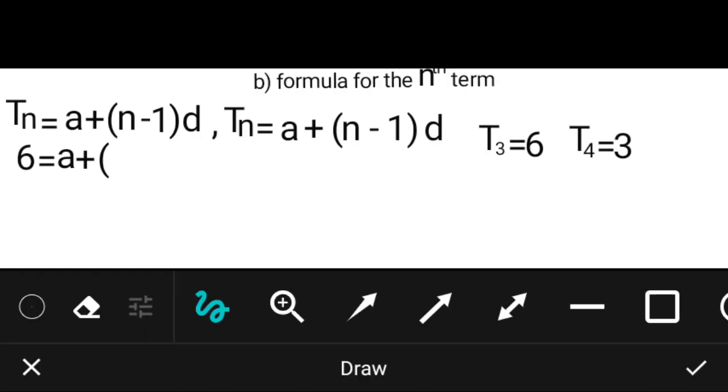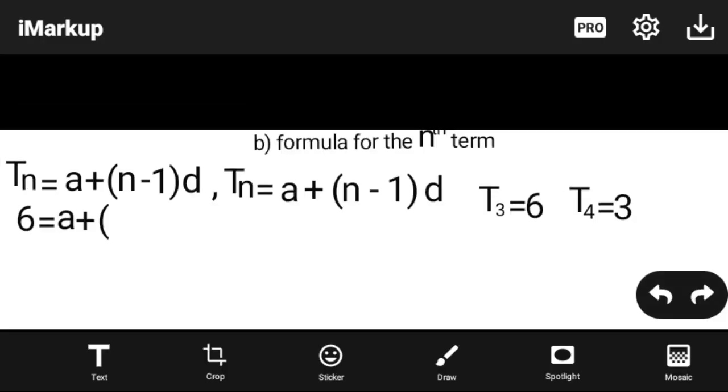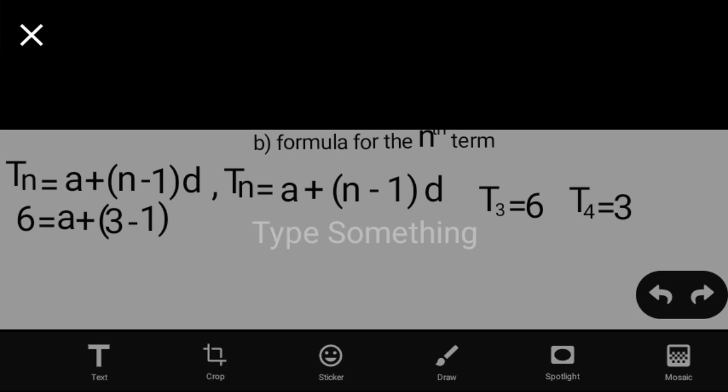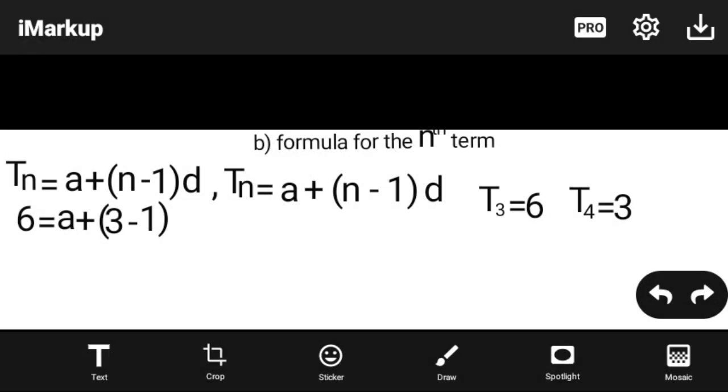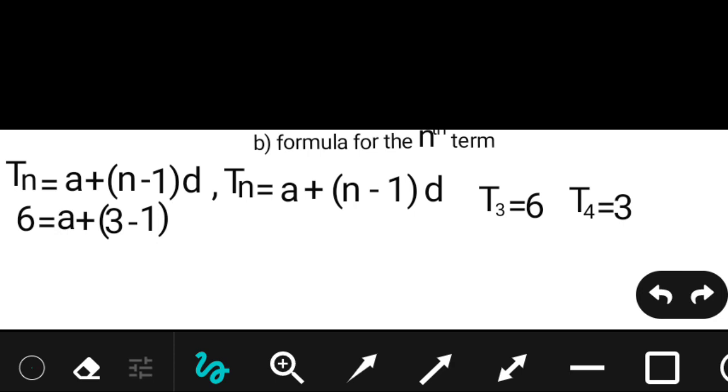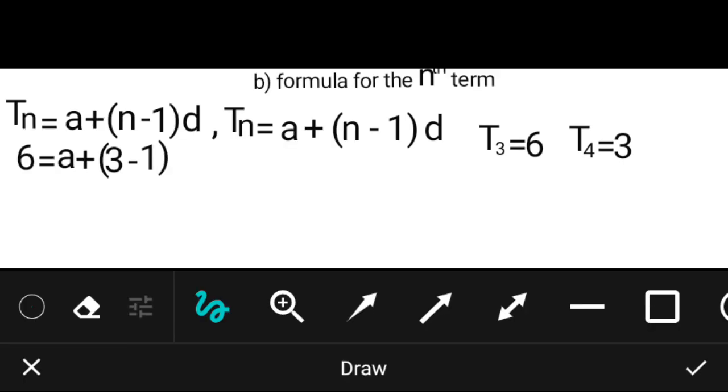So let's now continue. There we'll put 3, then minus 1, then close the bracket. Again, we can find the common difference because these terms are in a sequence. Look at this. They are saying the third and the fourth term, meaning these terms are what?